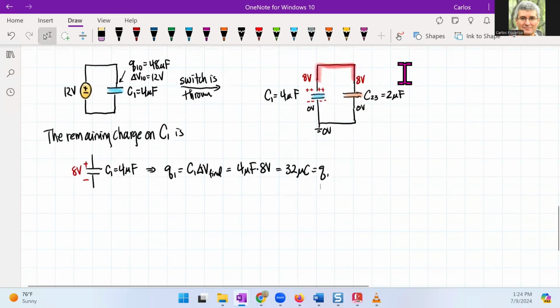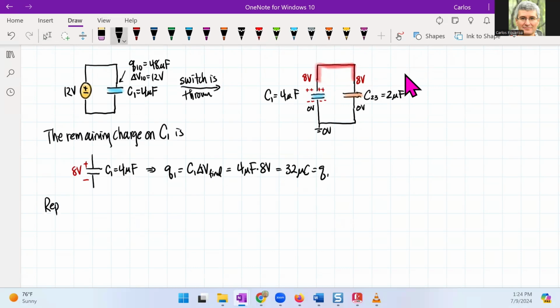Now I can repeat the same process for Q23. For C23, which is equal to 2 microfarads, once again it has an 8-volt drop.